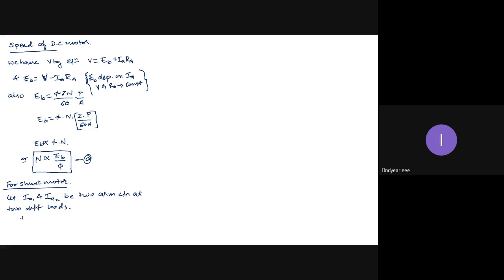Then what do I get? EB1 is equal to V minus IA1 RA. You can't say RA1, it is the same. And EB2 is equal to V minus IA2 RA.